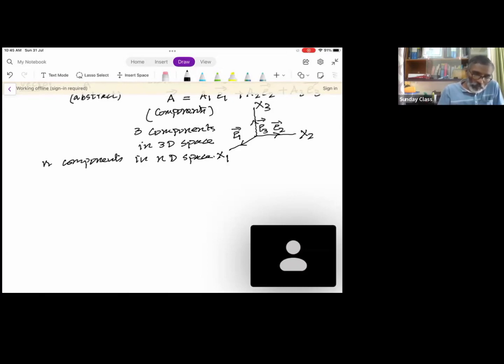Now, in this index notation, we represent a vector as A with a subscript i. This i is called an index, and in particular we call this a free index.